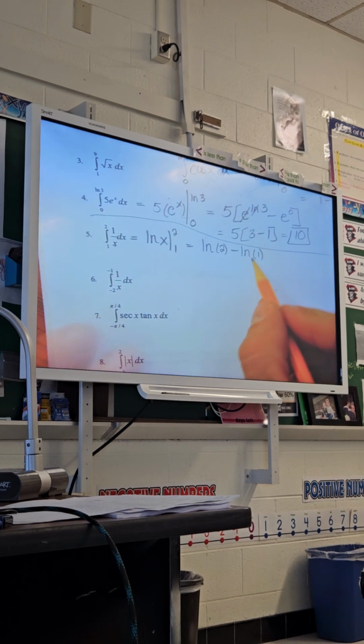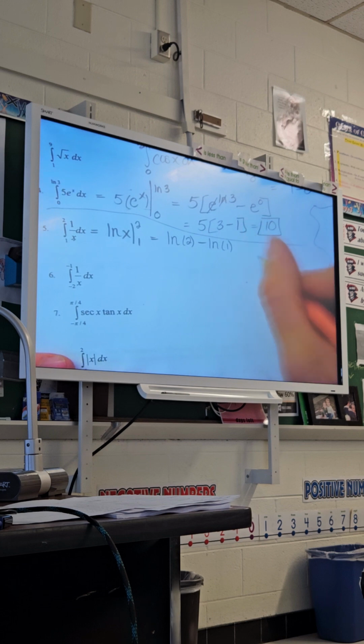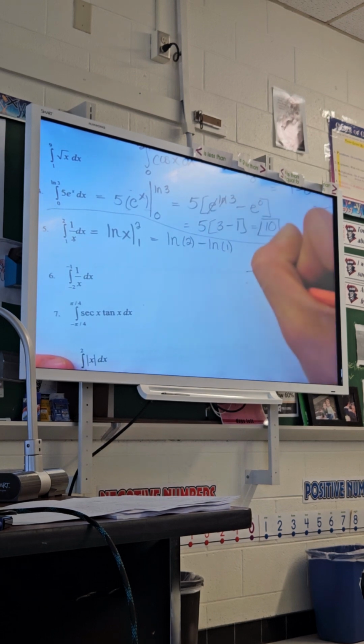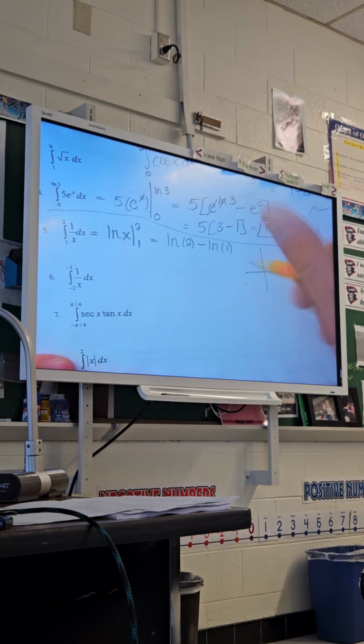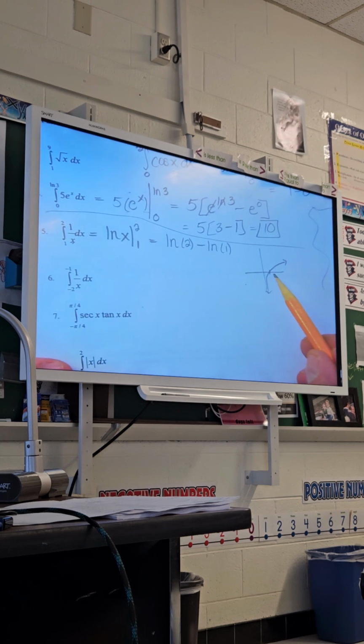Y'all know what natural log of 1 is? I could show you the graph real quick, and I can show you what it's going to be on the graph, but then you could do it in another way. Here's where natural log equals 1, y value 0. Another way of looking at this is natural log of 1 is log base e of 1.